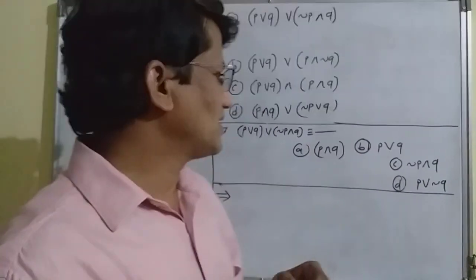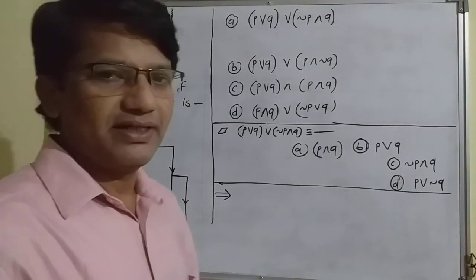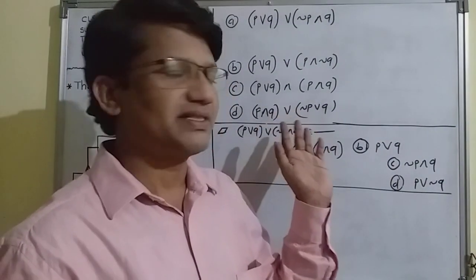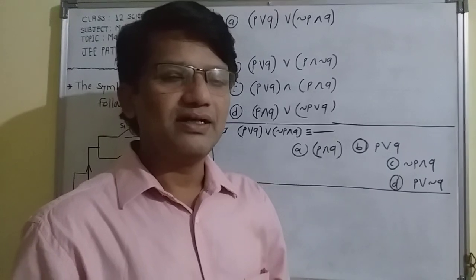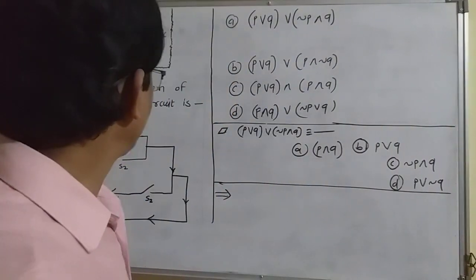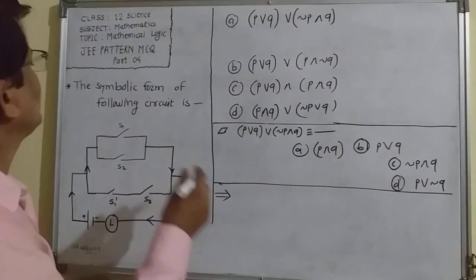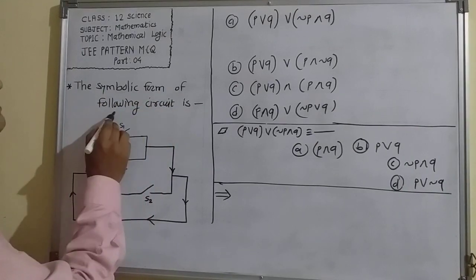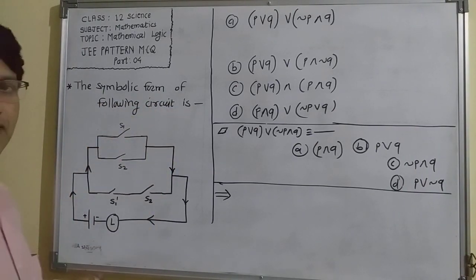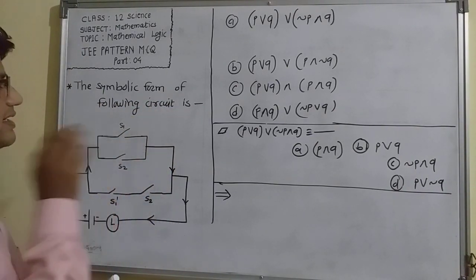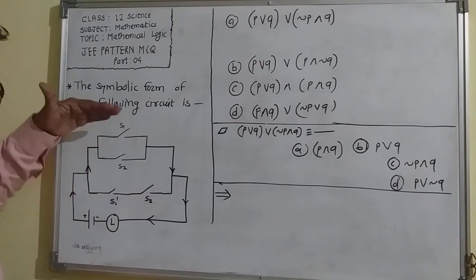Now see here, let us start our examples. These examples are more important from the exam point of view. See here, the symbolic form of the following circuit is, observe here, this circuit is given. Start from this.